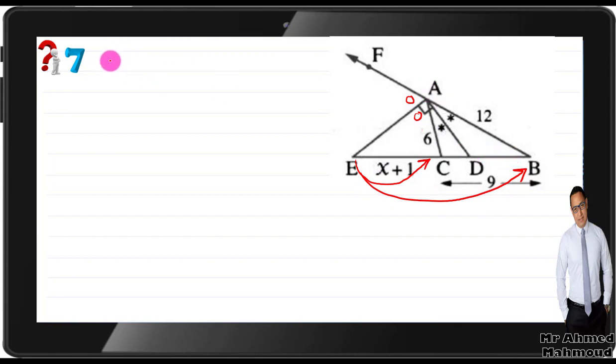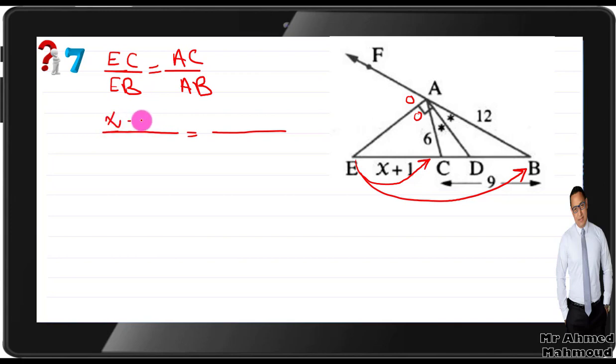So again, EC over EB equals AC over AB. Here, X plus 1 over X plus 1 plus 9, so it is X plus 10, equals 6 over 12.